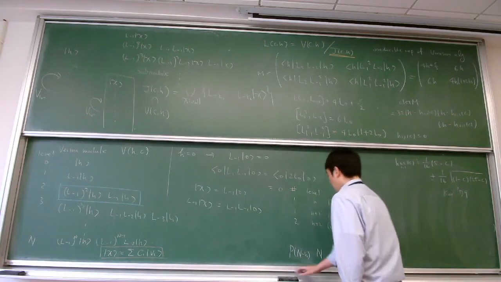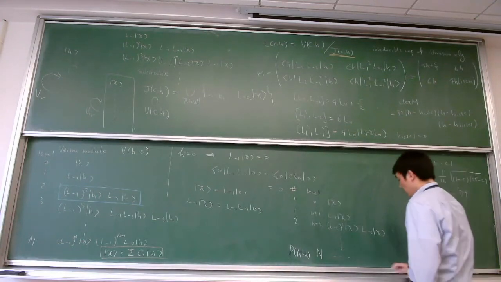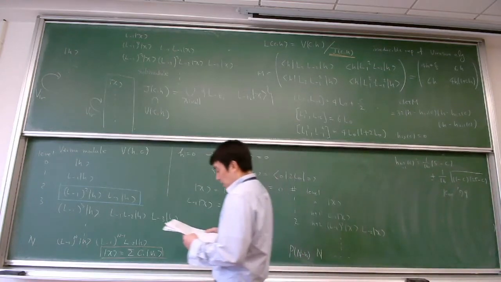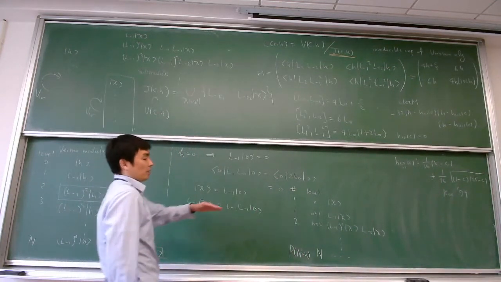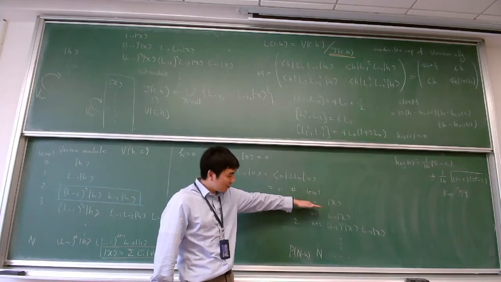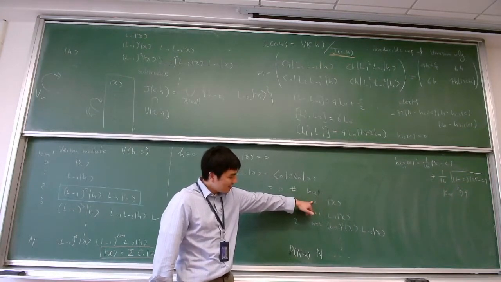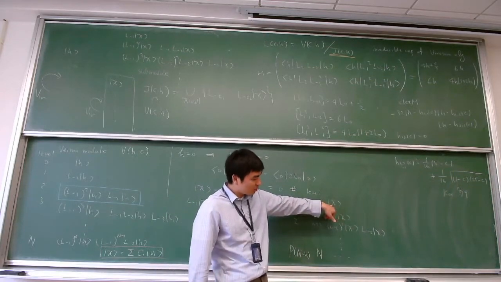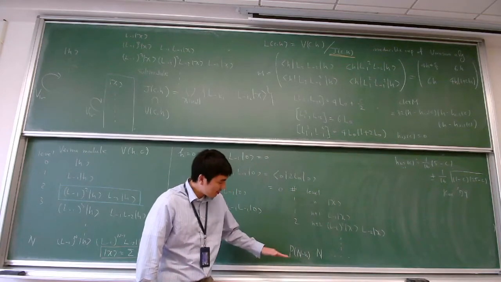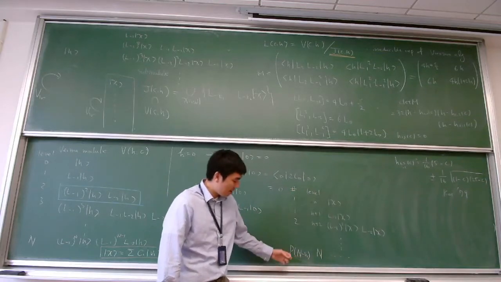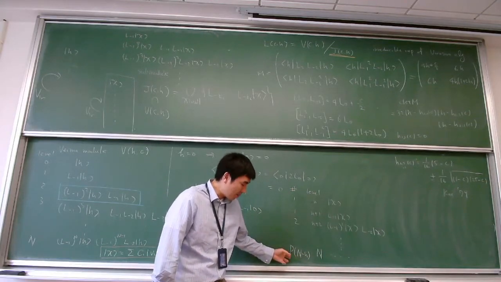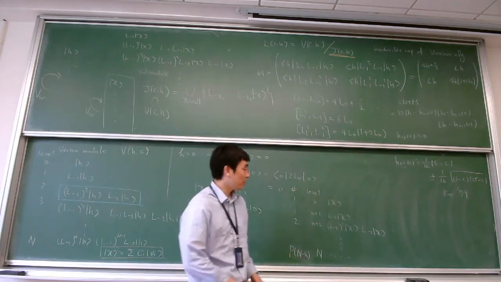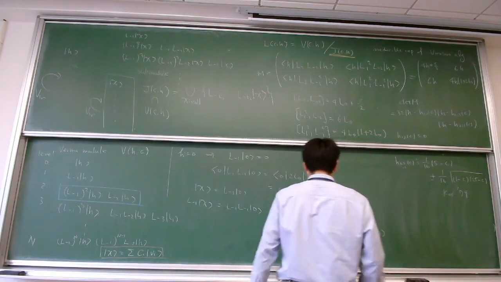As you recall, oops, I shouldn't erase this part. So if at level small n one null state appears, then as descendants, the number of null states at level capital N is indeed p of N minus n.